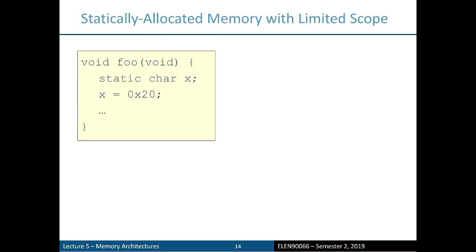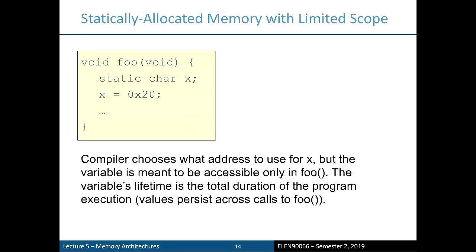What about if we did something like this? So another function, but this time we declare the variable x as a static char and pull it inside the function. Guess what? There's really not much difference. The only difference is that that variable now has this limited scope.